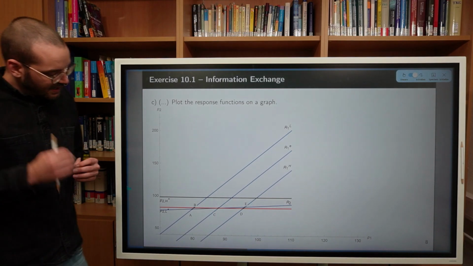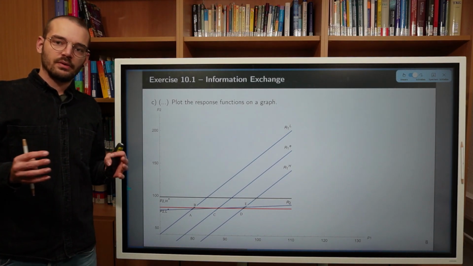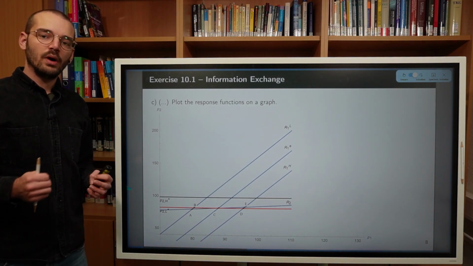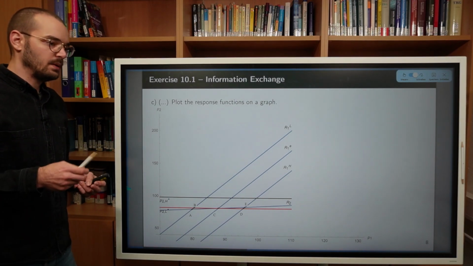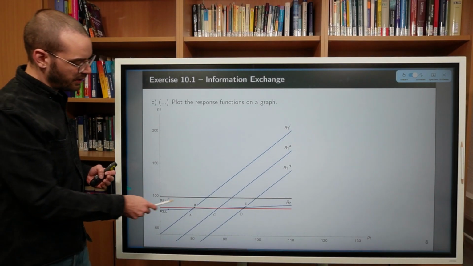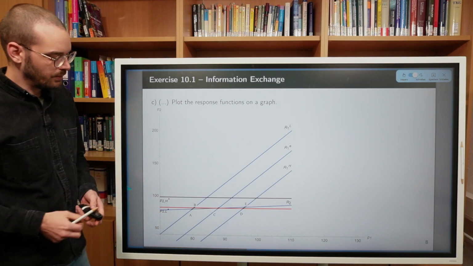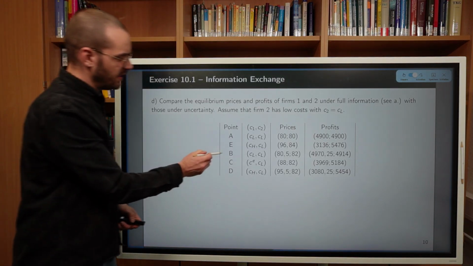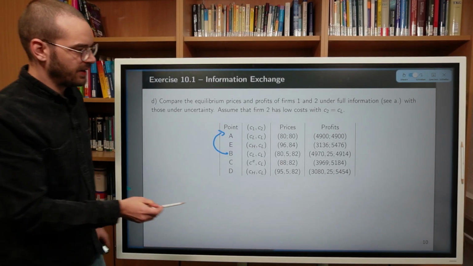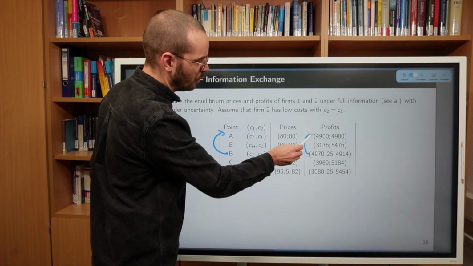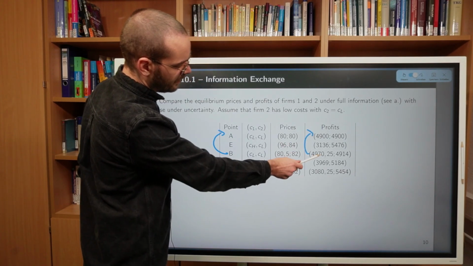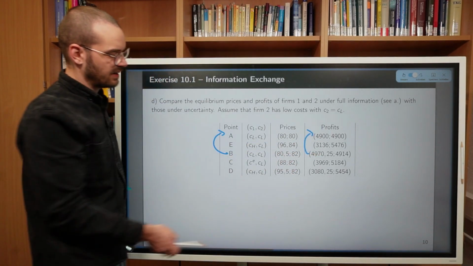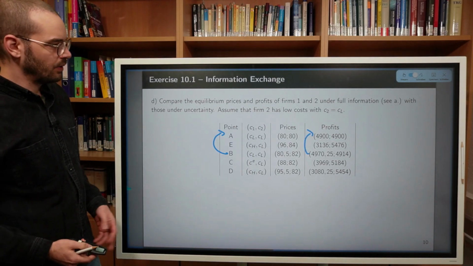So by telling the truth regarding their costs, firm 1 would be able to shift from equilibrium B to equilibrium A. So let's compare equilibrium B to equilibrium A, compare once again profits of firm 1, and we see profits decrease in exactly the order of magnitude that we said earlier.